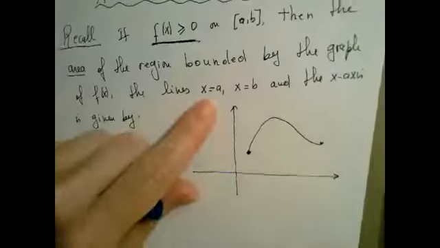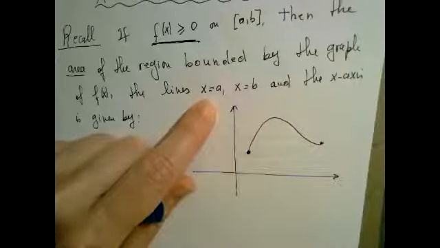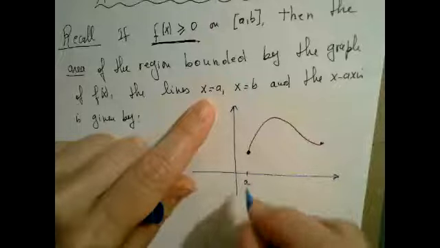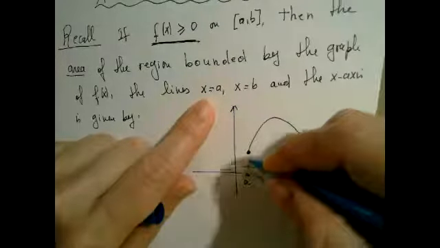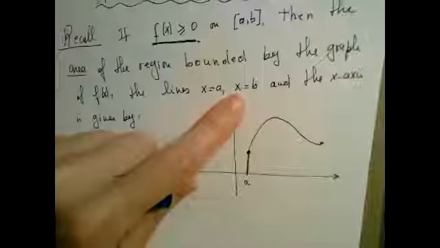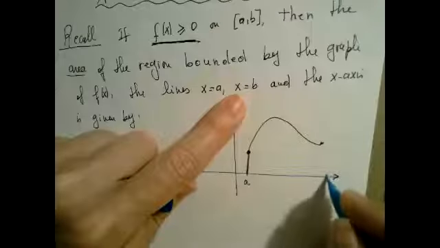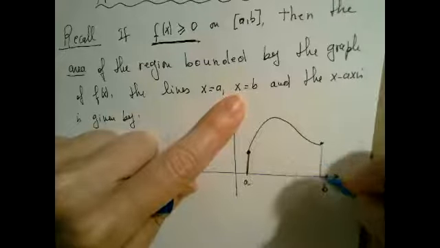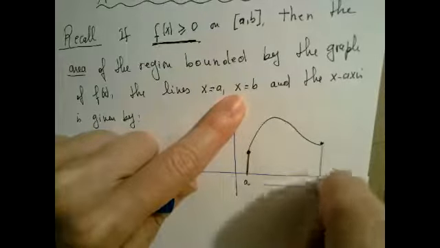The lines x equal to a, what do I mean by the lines x equal to a? Suppose this is a. The line x equal to a is this vertical line. That's what I mean, x equal to a. The line x equal to b, if this is b, the line x equal to b is this vertical line.